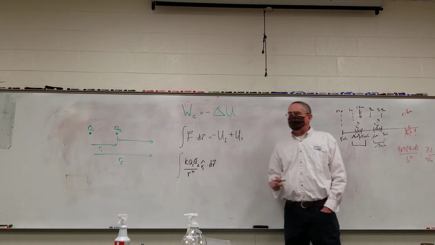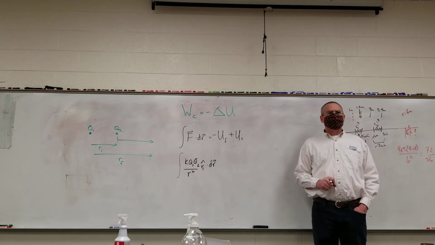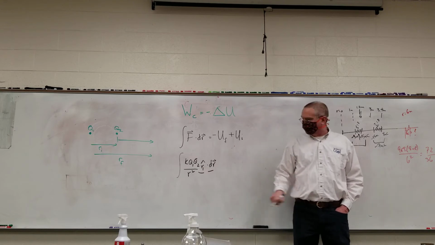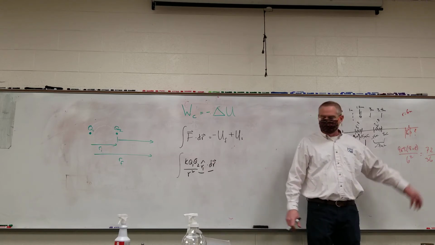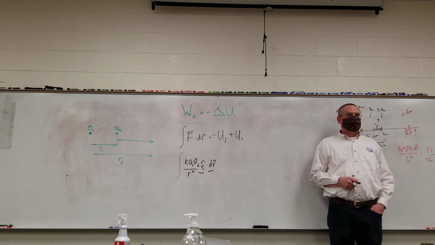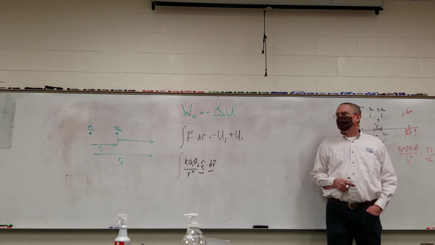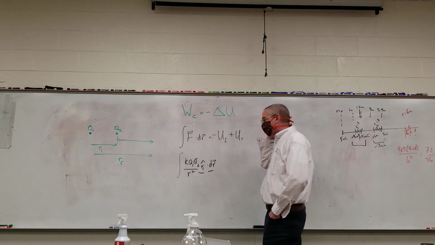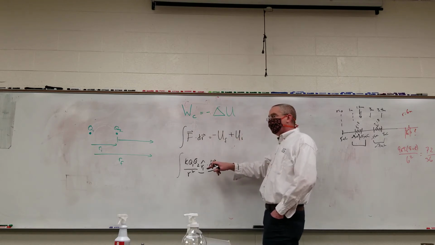What is the direction of dr? Because I'm doing a dot product here and I have two vectors. R1 hat is away from Q1, but what is the direction of dr? Perpendicular to R1 hat?